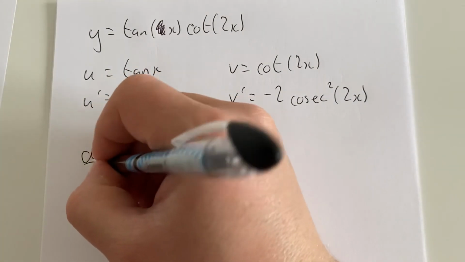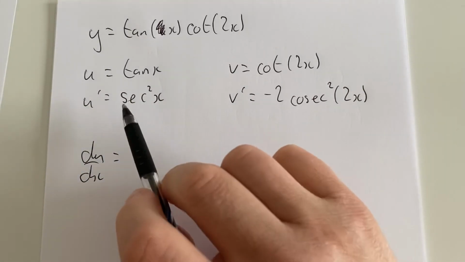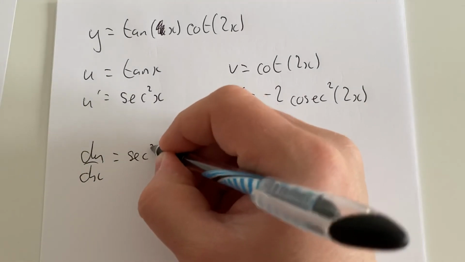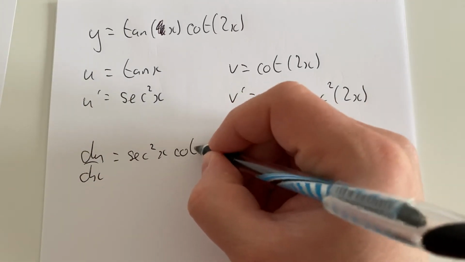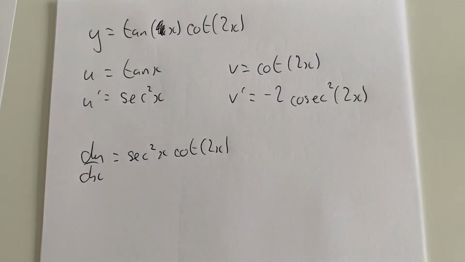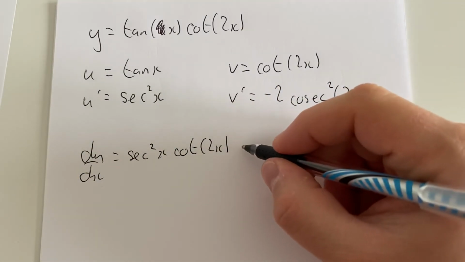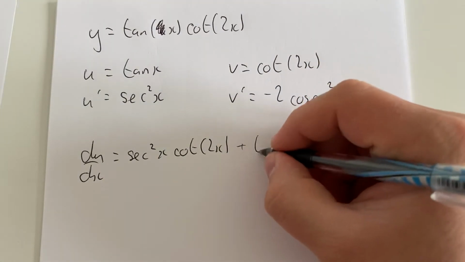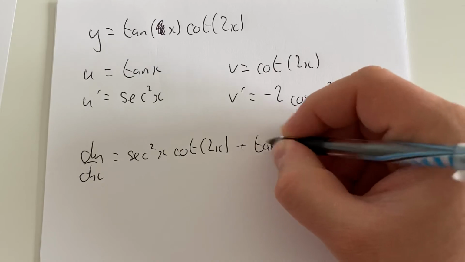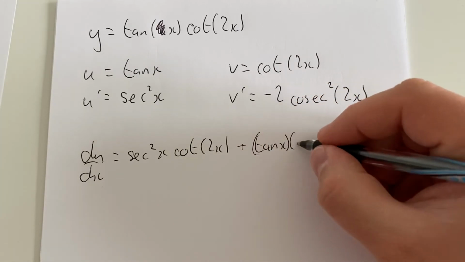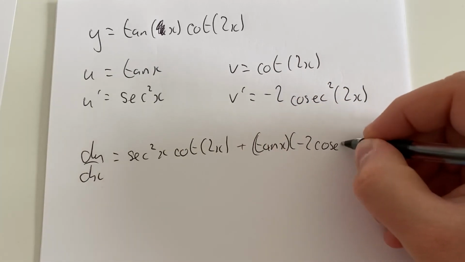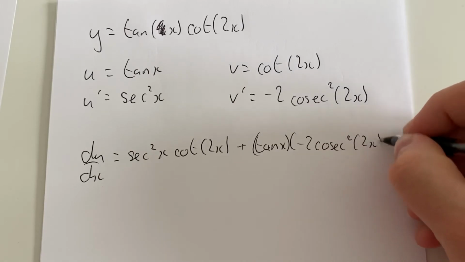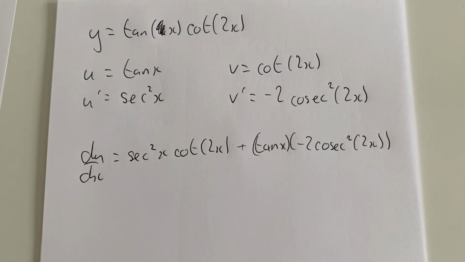So we could then say dy by dx is u dash v, so sec squared x cot 2x, add u v dash, tan x times minus 2 cosec squared 2x. And that would be a correct answer.